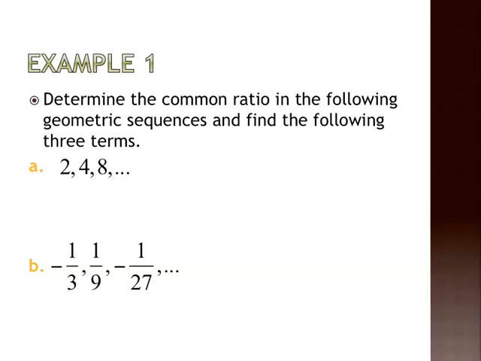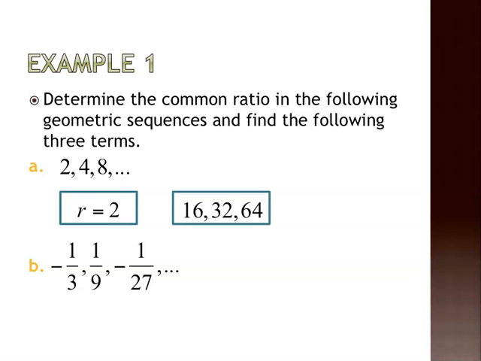Really, probably what you're doing very quickly in your head is you're doing 4 divided by 2 is 2, 8 divided by 4 is 2, so you're just multiplying by 2 each time to get to the next term. So that means R, the common ratio, is equal to 2. And then to find the following three terms, we just have to continue multiplying by 2. So 8 times 2 is 16, 16 times 2 is 32, 32 times 2 is 64. So your next three terms are 16, 32, 64.